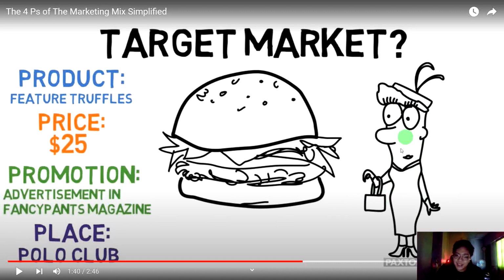I'm not sure if it's a her or him, pero parang her siya kasi may kurba. So yun. And then the place that you will sell your product is somewhere wherein mas maraming taong tulad niya ang makikita natin, which is polo clubs.